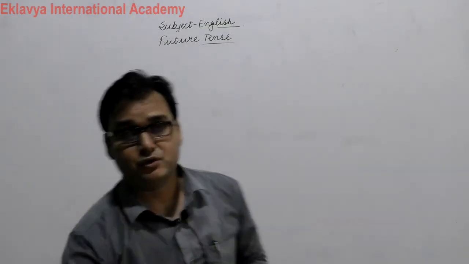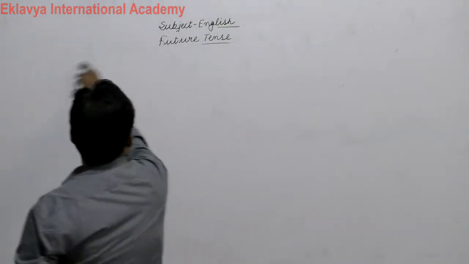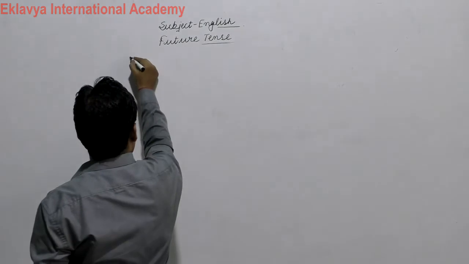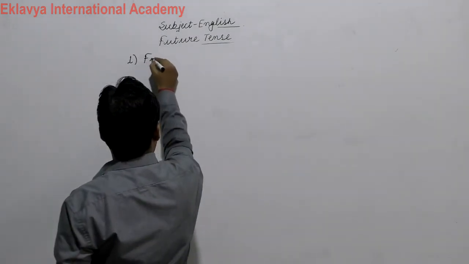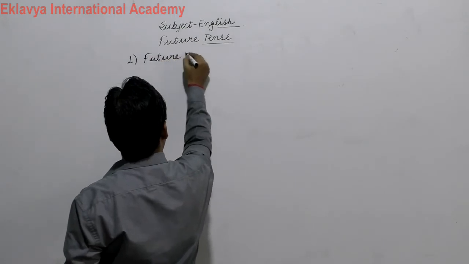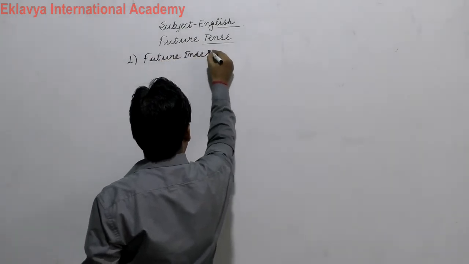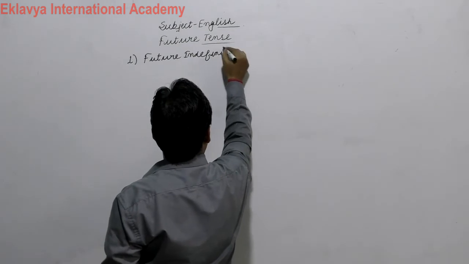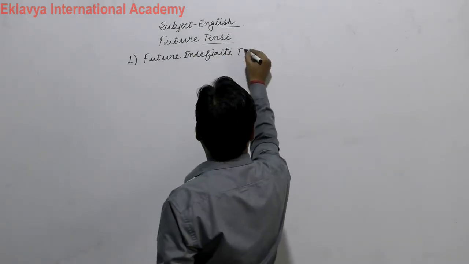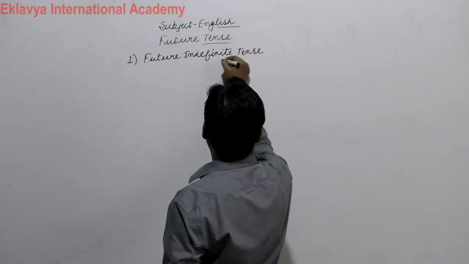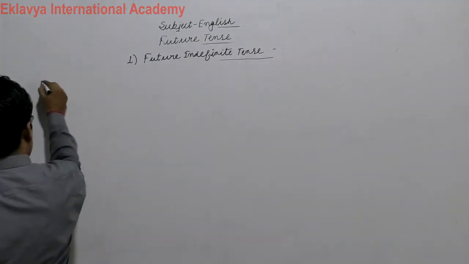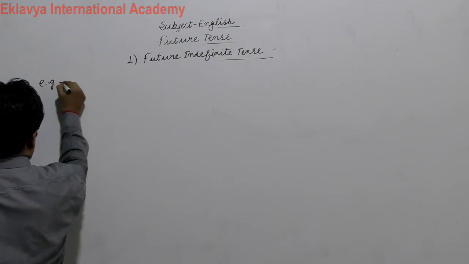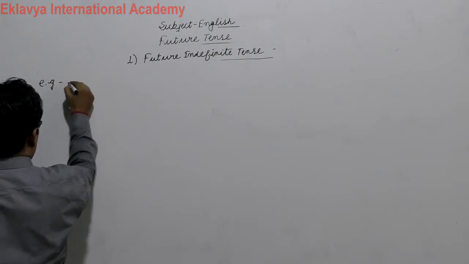Let's do the examples of future tense one by one. Future indefinite tense. Example number 1.